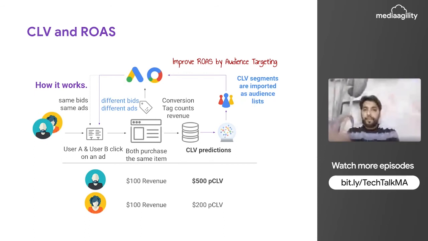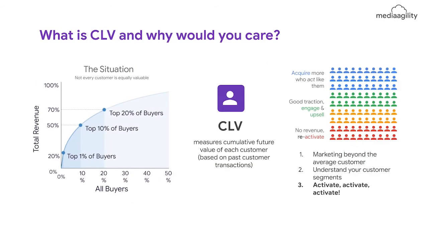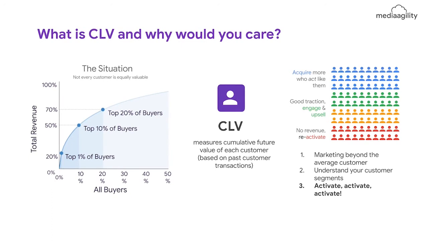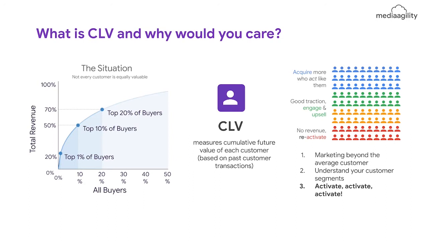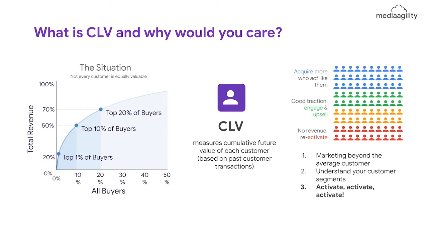Taking a deeper dig into customer lifetime value, what we have seen while working with these customers is that the top 20% of the customers of all of these companies generate 80% of their revenues, and the other 80% of the customers have a revenue of just 20 to 30%.